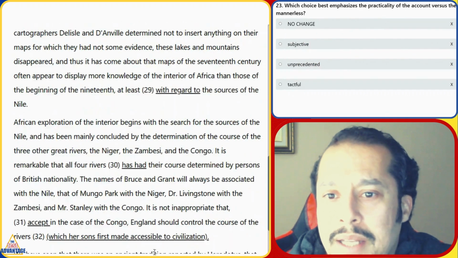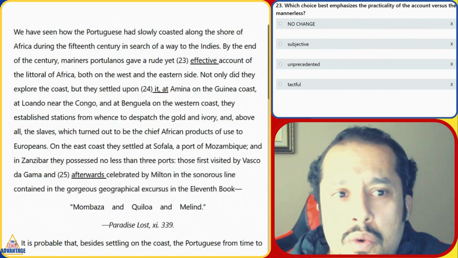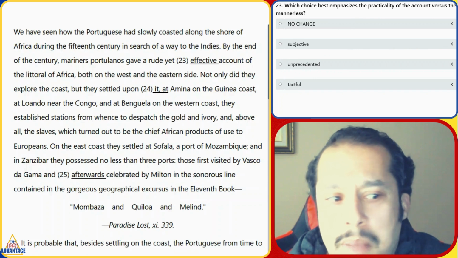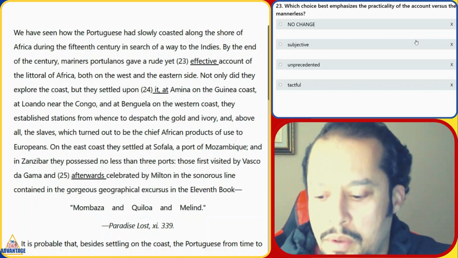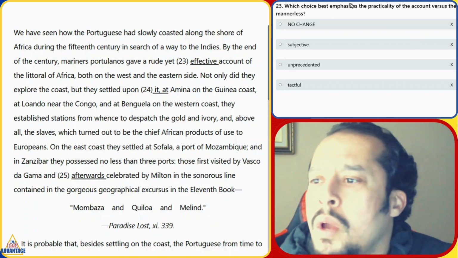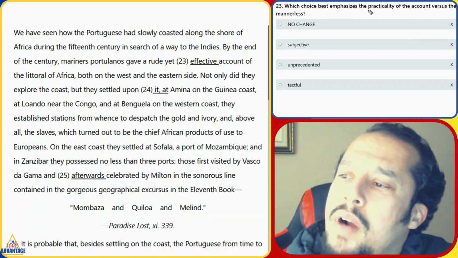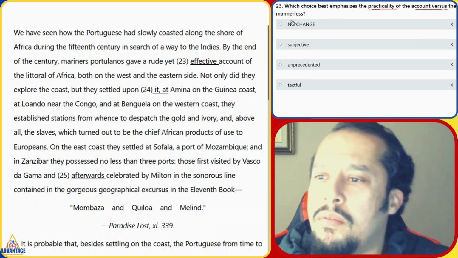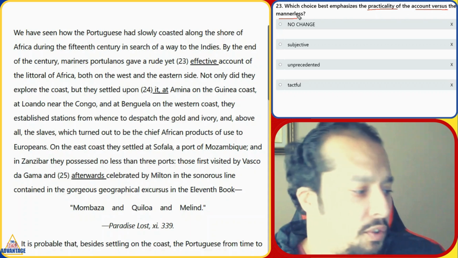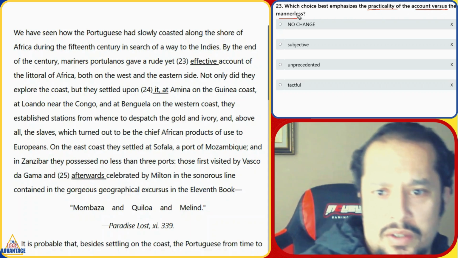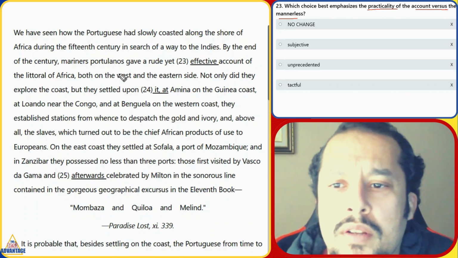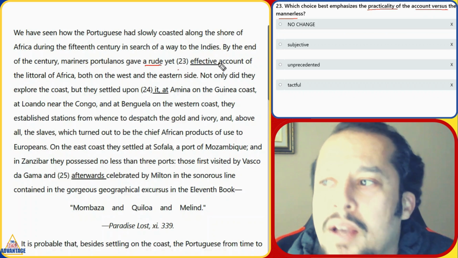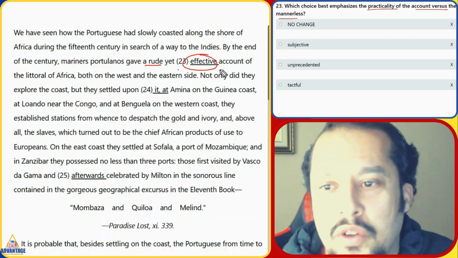Let's move on to the next passage. Passage number 3, which emphasizes the practicality of the account versus the mannerless. Okay. "By the end of the century, mariners' Portulanas gave a rude, yet practical account."